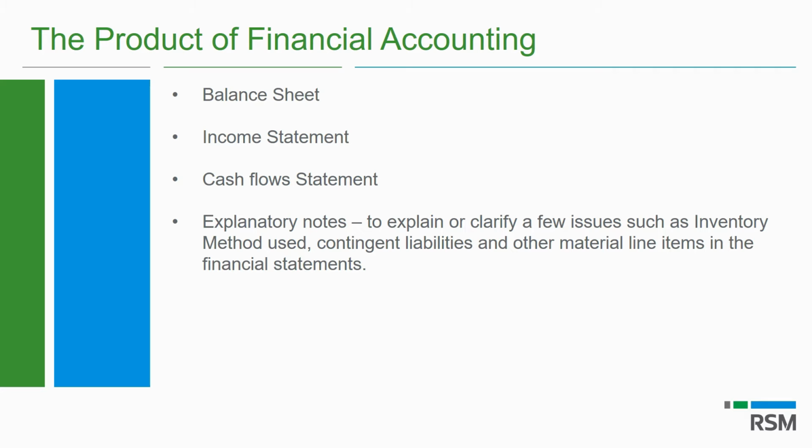Nowadays they are known as the statement of financial position, the statement of profit and loss, and the statement of cash flows. And then together with that goes some explanatory notes, accounting policies, what methods we used for inventory, some items that are not on those statements like contingent liabilities and other material line items. They will all be in the notes. That's the output product of financial accounting.